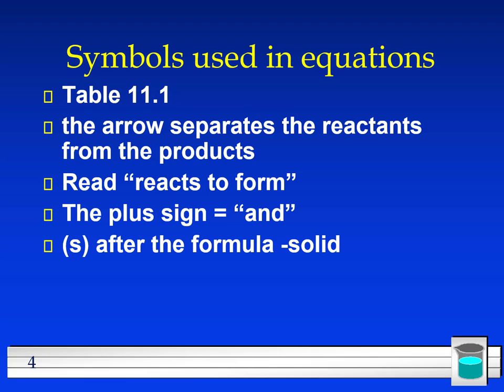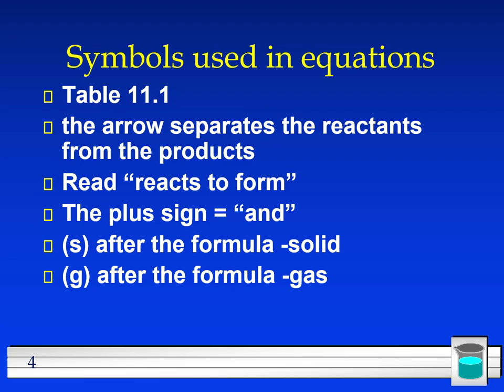Make sense? If I put a g in parentheses after the formula, that tells me it's a gas at the temperature of that reaction. So when that reaction happens, it's a gas, because we're trying to describe what we see happen. Does that make sense? So if it's a gas when we start, we'll put a g there, or it could be a gas when we're done, when bubbles show up.